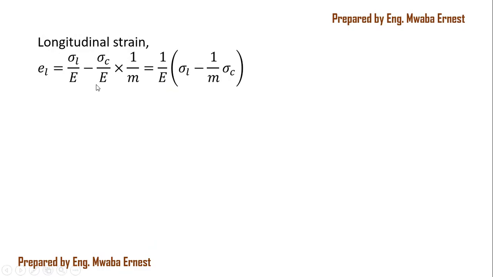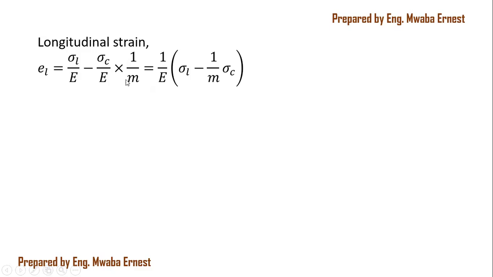The longitudinal strain. Now, one thing you're going to notice is that when you inspect this formula carefully, they have just exchanged. The longitudinal strain is equal to longitudinal stress over Young's modulus minus circumferential stress divided by Young's modulus, then multiplied by Poisson's ratio, which is 1 over m.